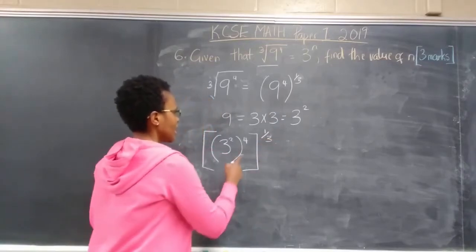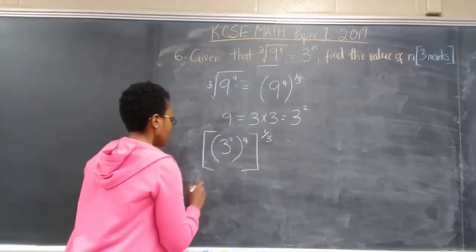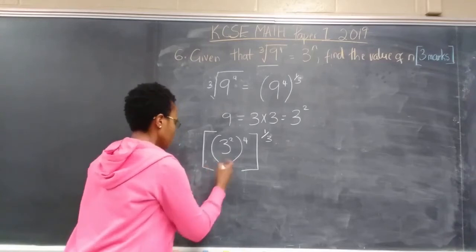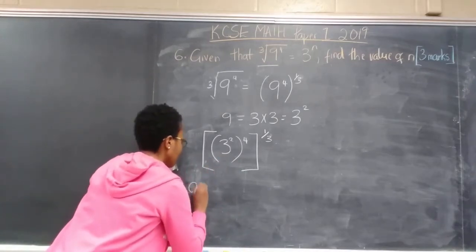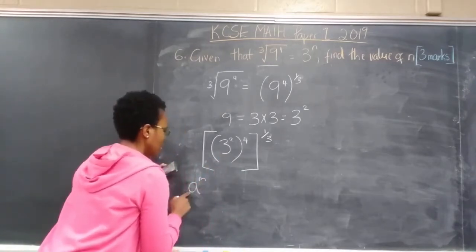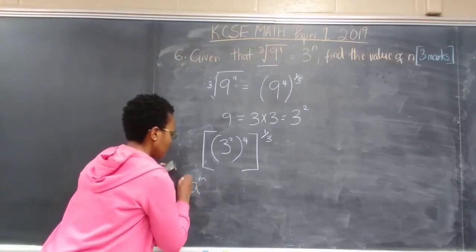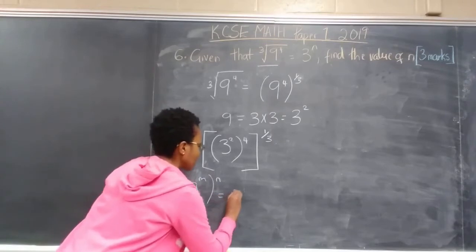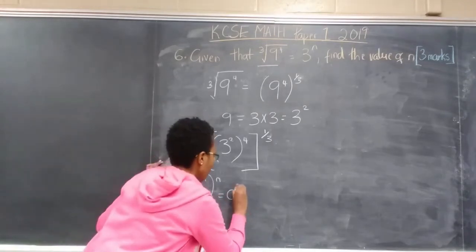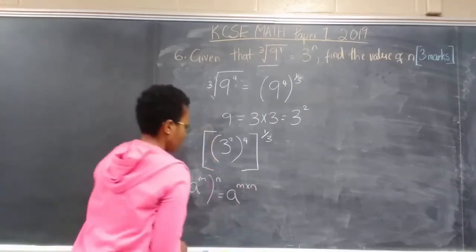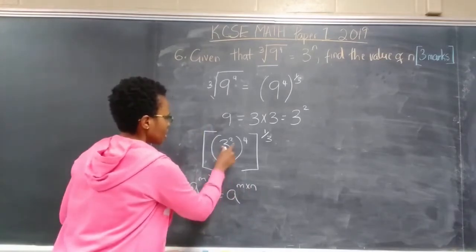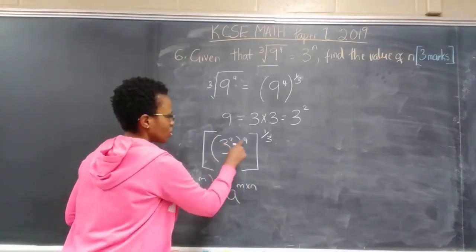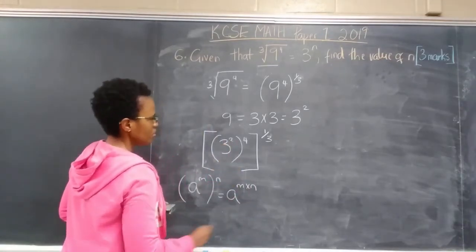And then according to the laws of indices, if you have a number that is a to the power of m, and then all of that is to the power of n, this is the same as a to the power of m times n. So we can simply rewrite this as 3 to the power of 2 times 4, according to that rule.